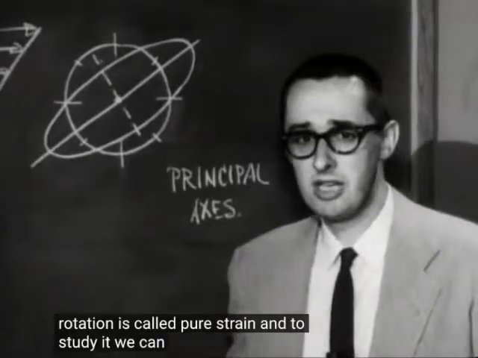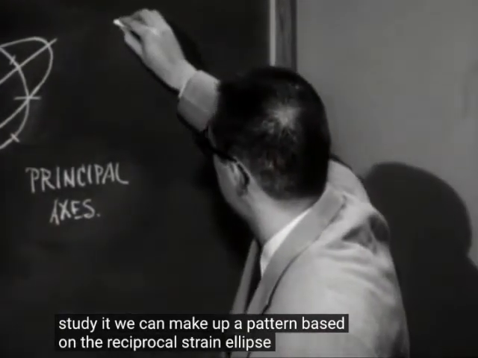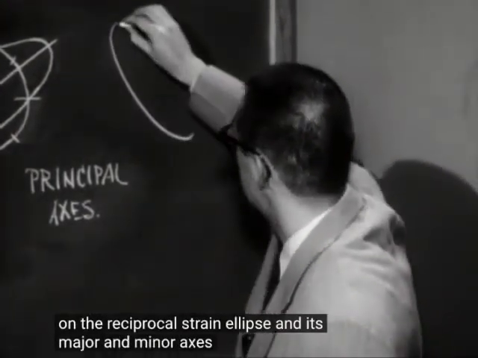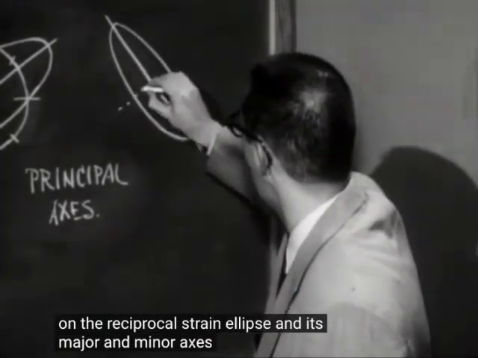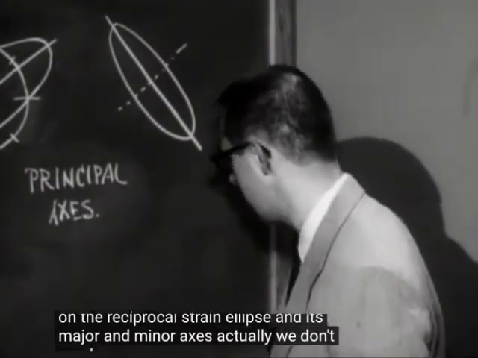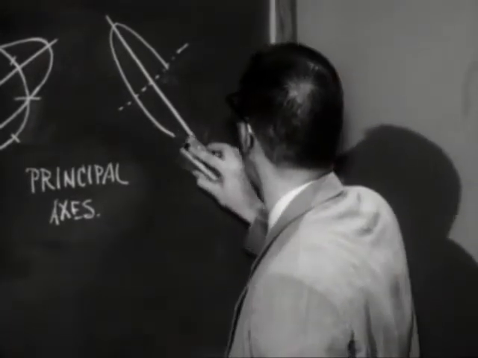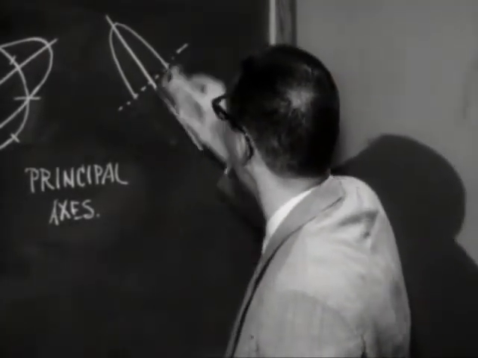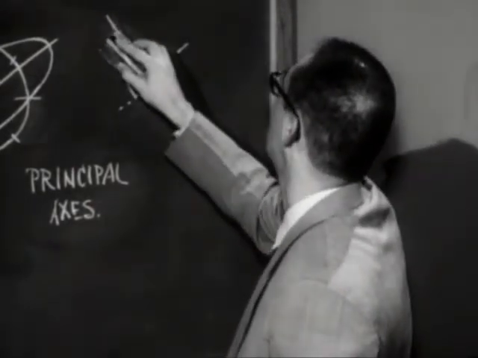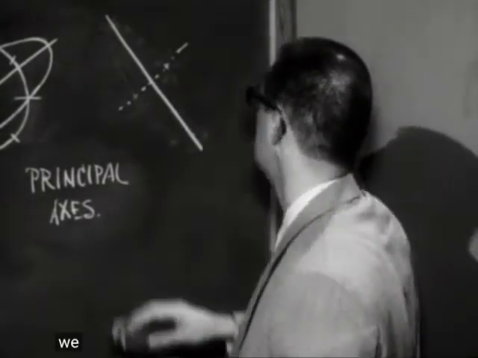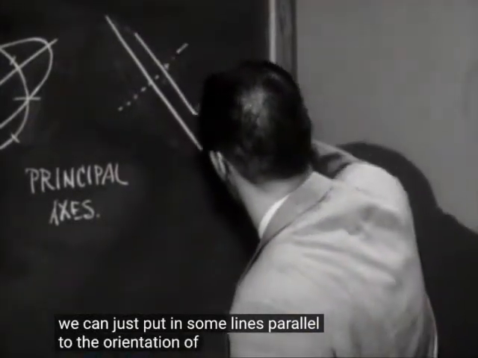And to study it, we can make up a pattern based on the reciprocal strain ellipse and its major and minor axes. Now, actually, we don't need the ellipse itself. We can just put in some lines parallel to the orientation of the axes.